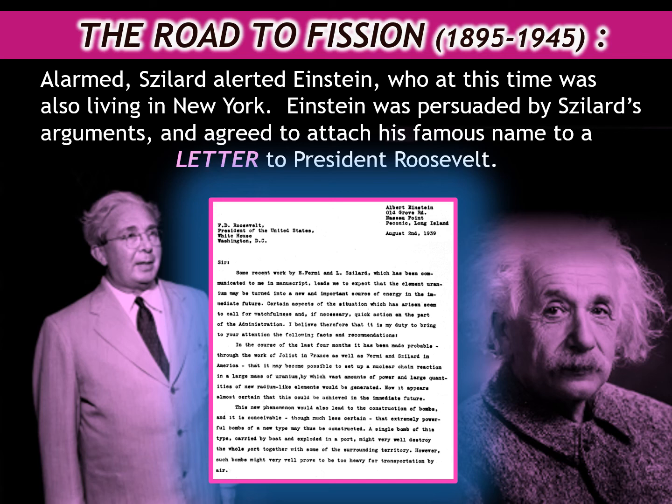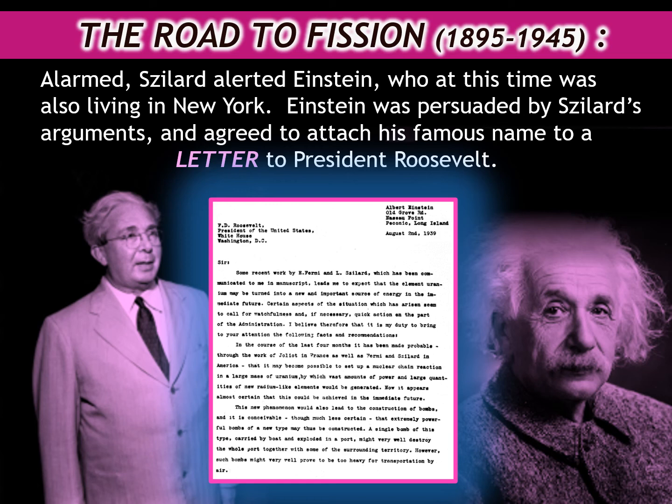So Szilard, what does he do? He goes and alerts Einstein, who is also living in New York. Einstein's not living in Manhattan. He's on Long Island, but he's living in New York City. Because Einstein, also Jewish, also fled Europe to get away.